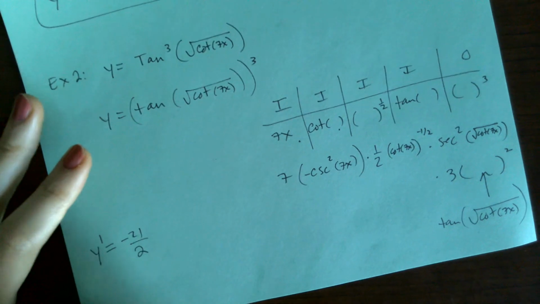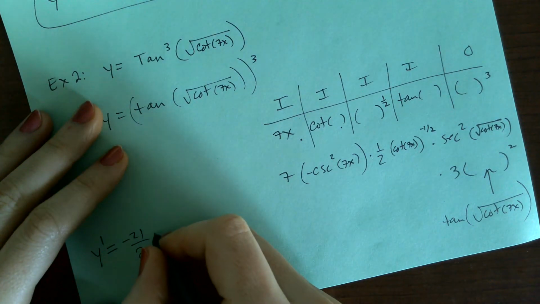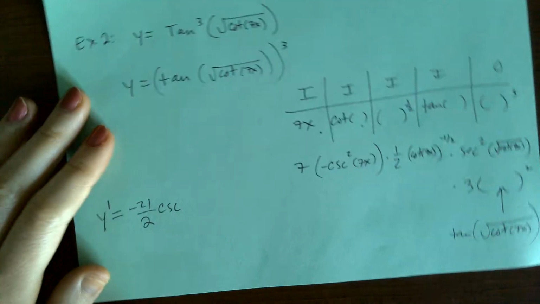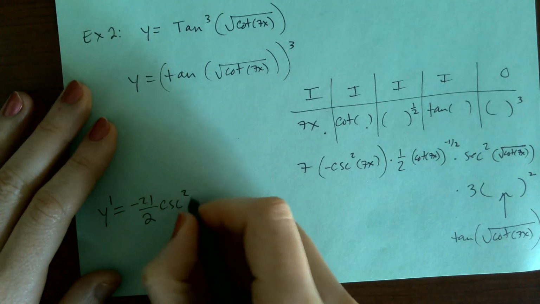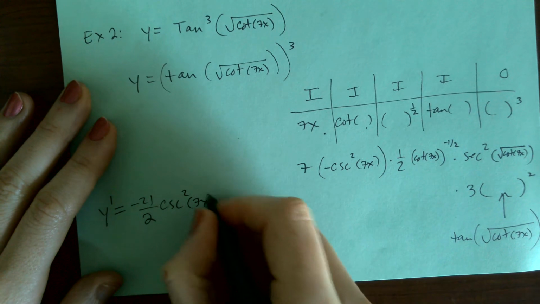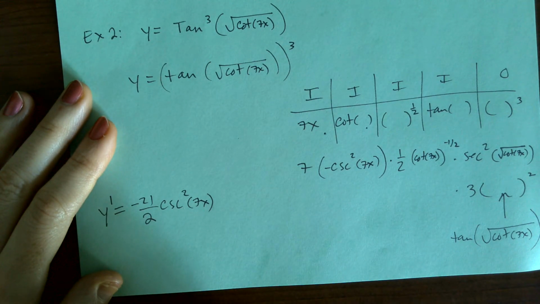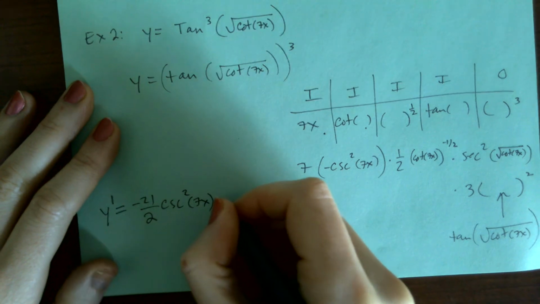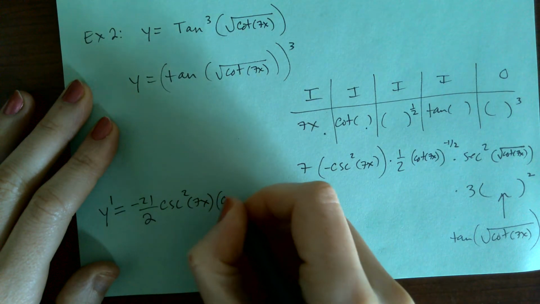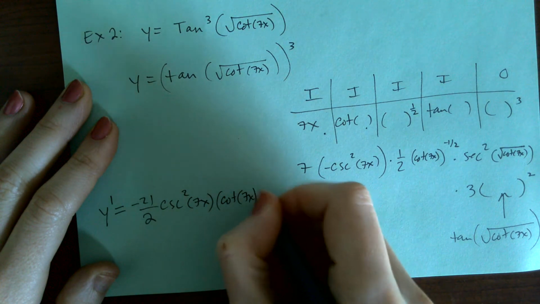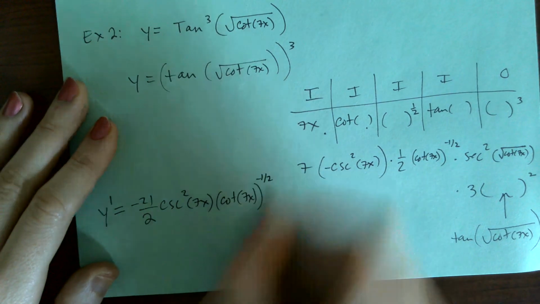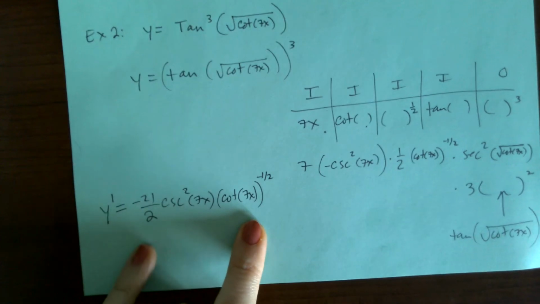And then this is cosecant squared of 7x, cotangent of 7x to the negative 1/2.